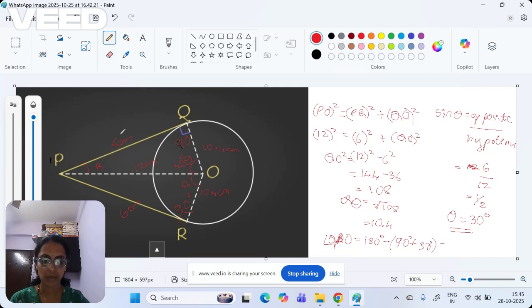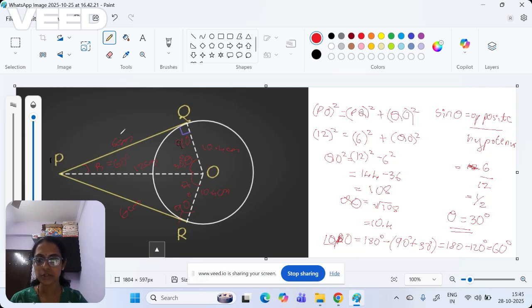That is 180 minus 120, which is 60 degree. So the angle B of this triangle is equal to 60 degree.